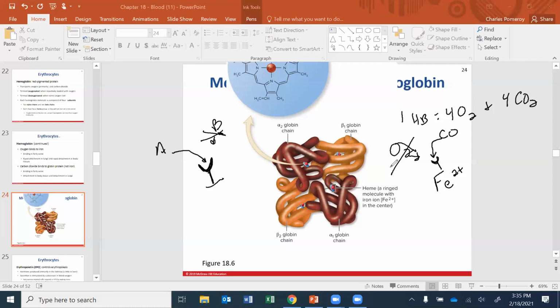But this is the idea behind carbon monoxide poisoning. It's going to block your ability to transport oxygen. Not only does it bind to iron, but it actually sticks to it. It actually has a greater affinity for iron than oxygen. So oxygen will bind and let go and bind and let go. CO, carbon monoxide, will bind and stick to the iron and not let go.